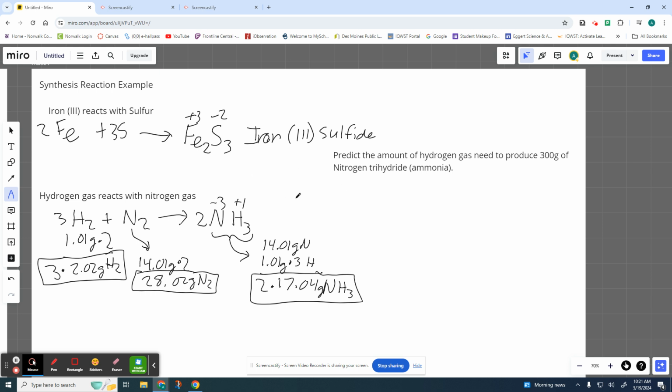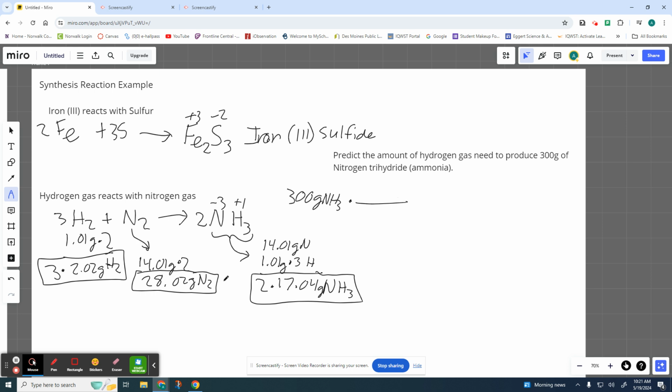Now I'm going to build my unit multiplier. Remember the mantra for a unit multiplier: you start with what you have. So I have 300 grams of ammonia that I want to produce. So I'm imagining that.